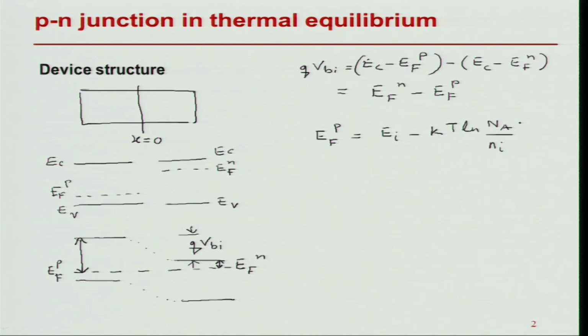Na comes here because we have already assumed we have a completely ionized p type semiconductor. Same thing I can write for the Fermi level of the n type, and in this case the Fermi level moves up towards the conduction band by the amount of dopant I have put in the n type.